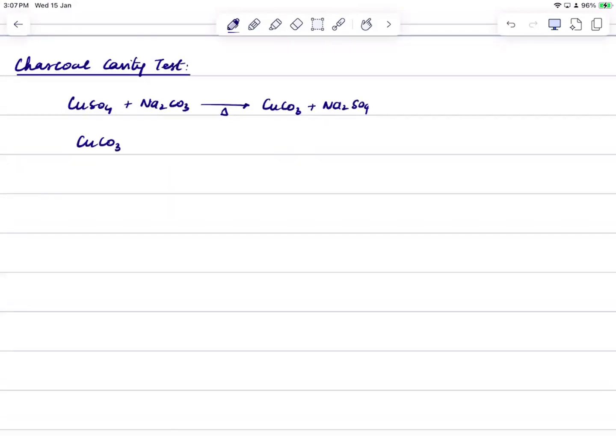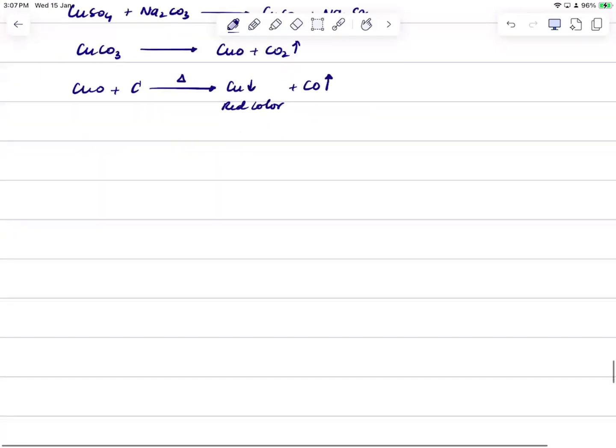And CuCO3 on strong heating will become CuO and CO2. And this CuO plus carbon on heating will give you copper, which is red color, plus carbon monoxide. That is how we can check out the color.